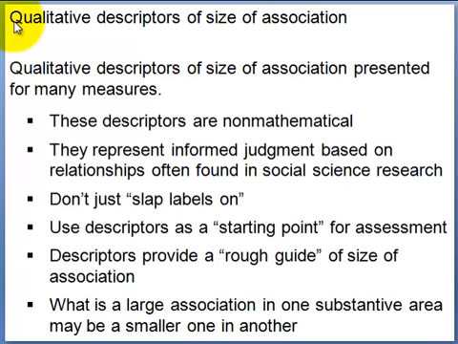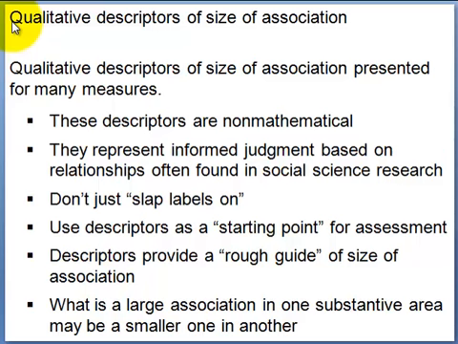This text presents qualitative descriptors of size of association for different measures of association. Now, I'm just going to start out and say that some texts do not present descriptors of size of association.